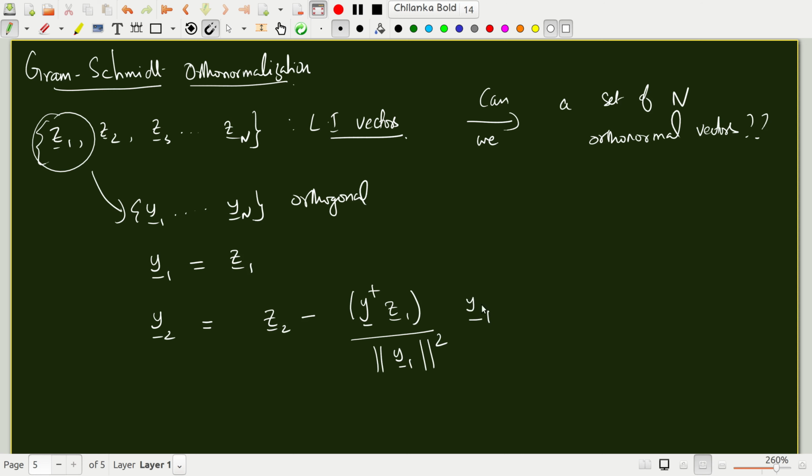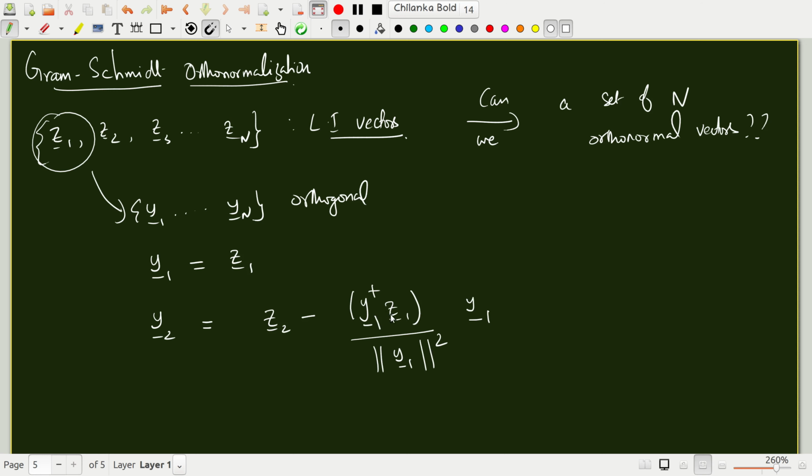So I'm just dividing by y1 squared, so that this becomes like a unit vector. Sorry, this should be y1, and therefore you have y1 squared.